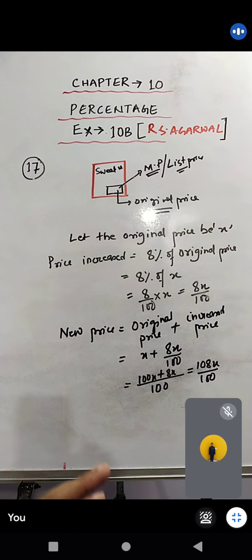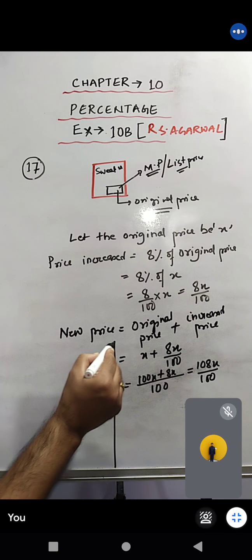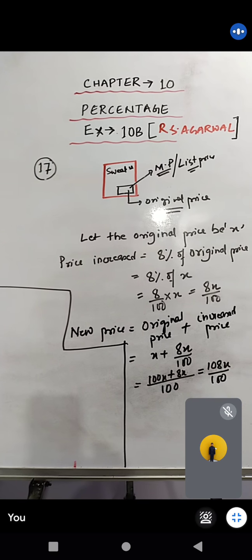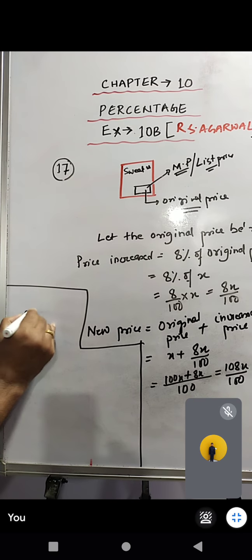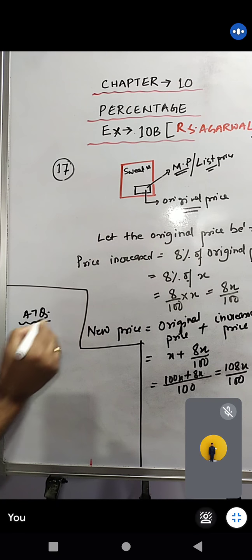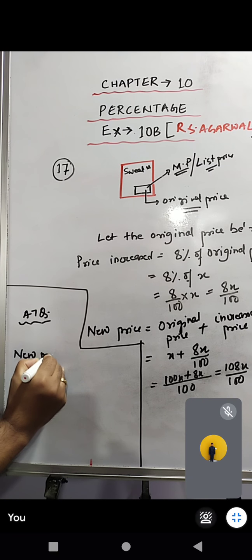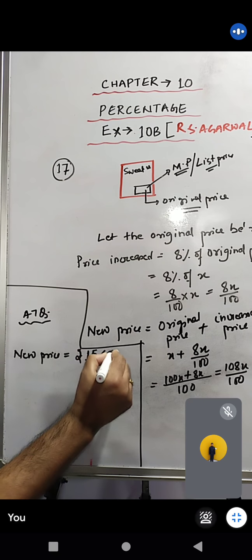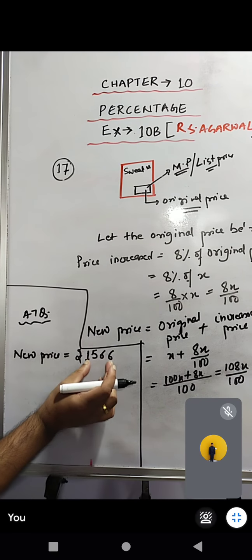But in the question it is also given the price after increase. What is the price given? 1566. So in the question also they have given. Now we will write according to the question. New price is also given in the question, that is rupees 1566. And new price we also know, this is also a new price, this is also a new price.